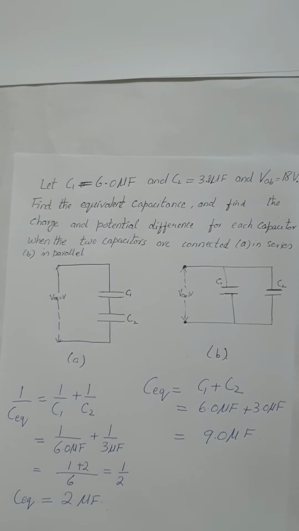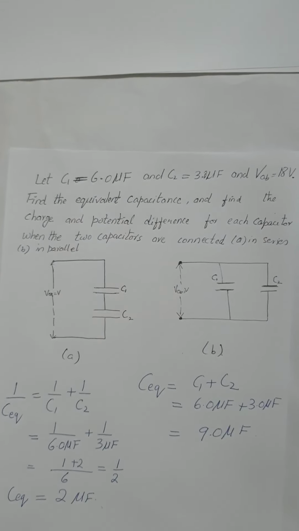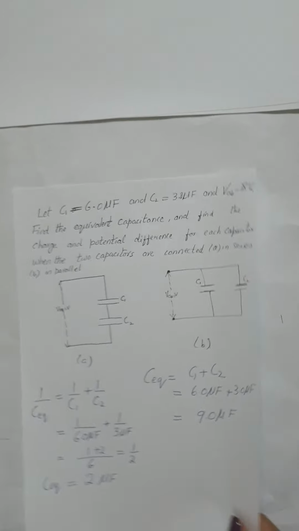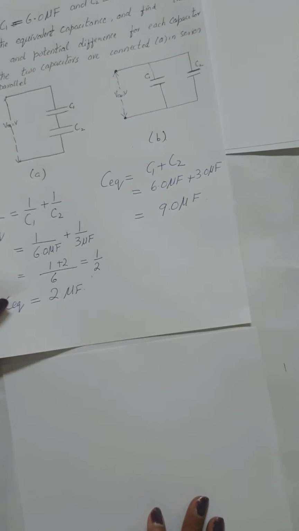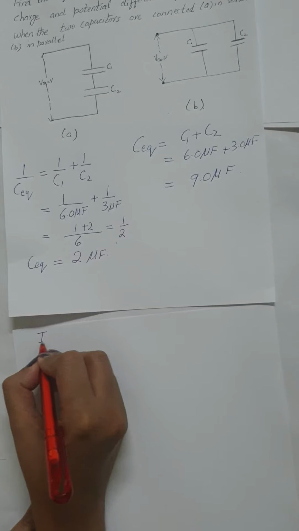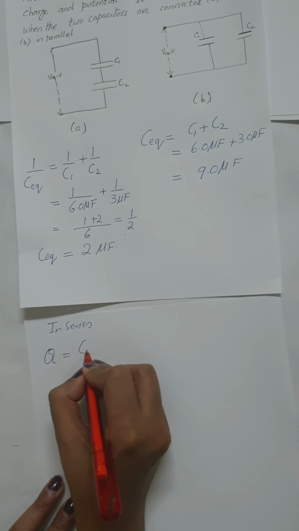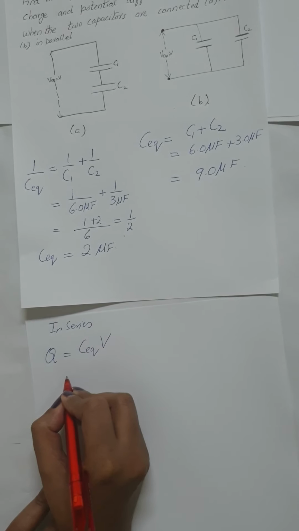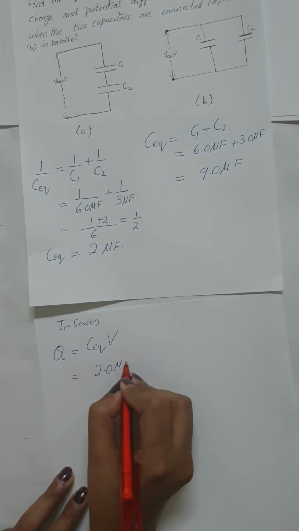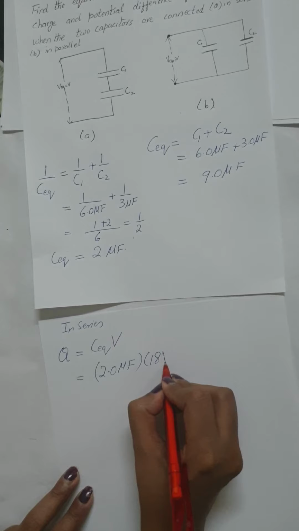Now let's move to find out the charge on each capacitor in series. Okay. So Q in series, Q is equal to capacitance into V, and it becomes 2.0 microfarad into 18 volts.